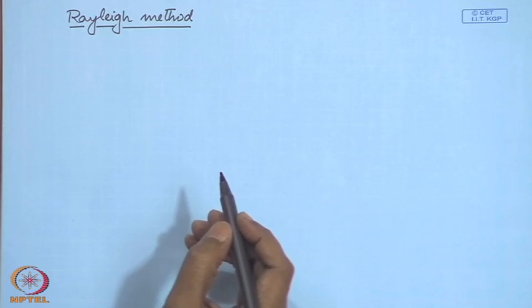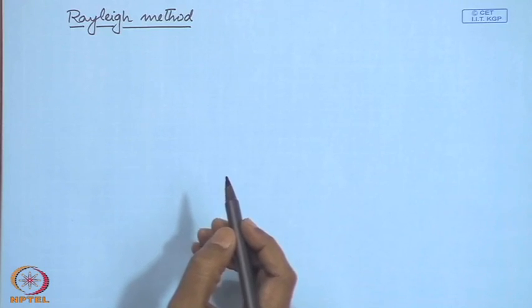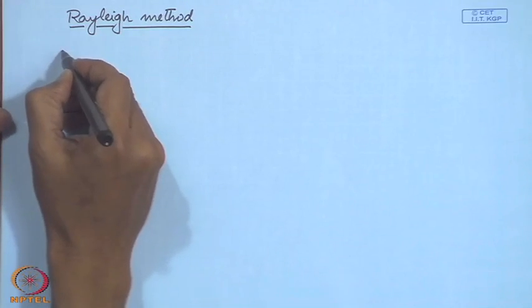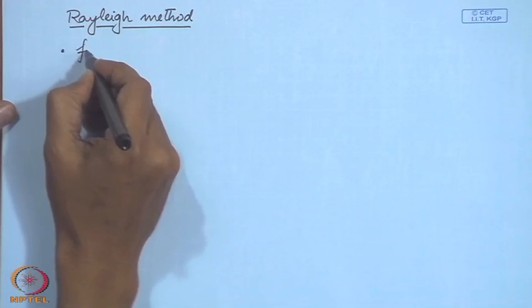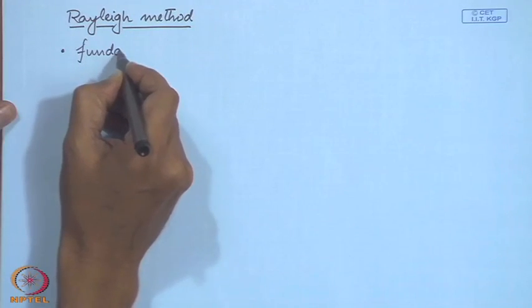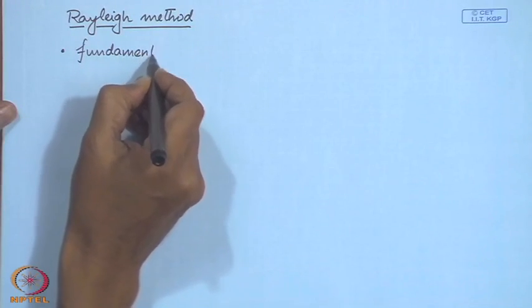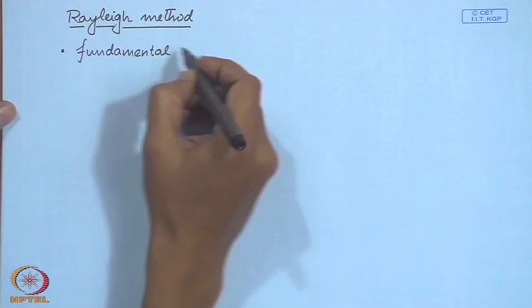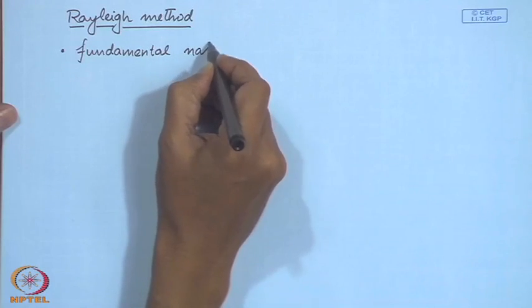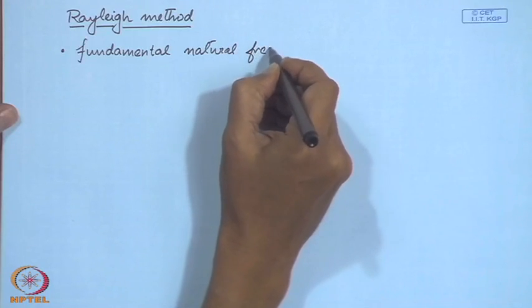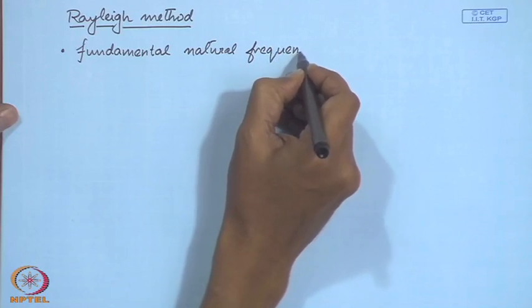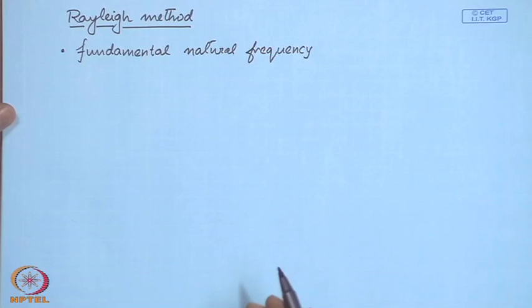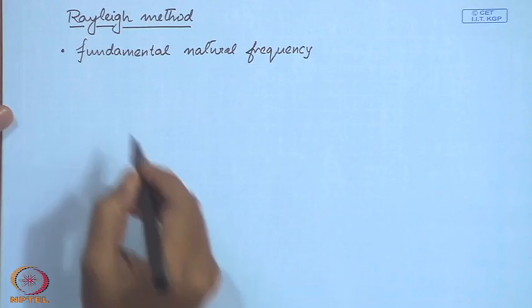This Rayleigh method is typically used to determine the fundamental frequency of a continuous system.